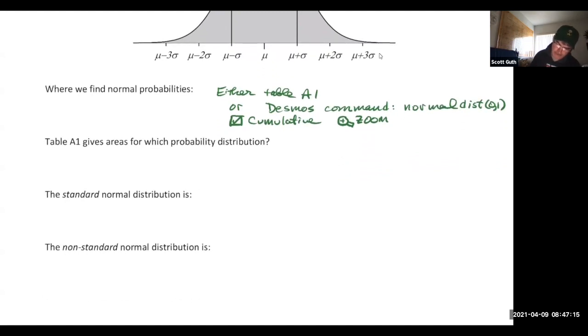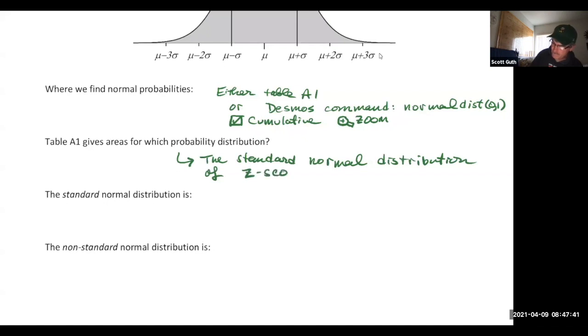So table A1 gives areas for what probability distribution? Technically the standard normal distribution. What makes it standardized is that it's a distribution of z-scores.